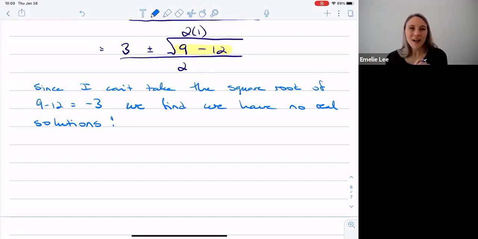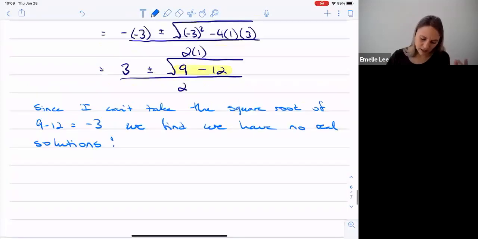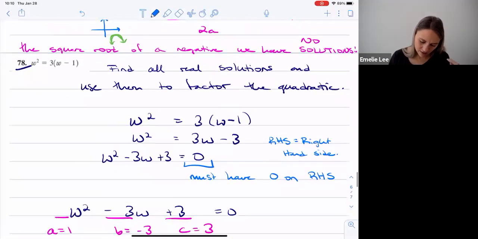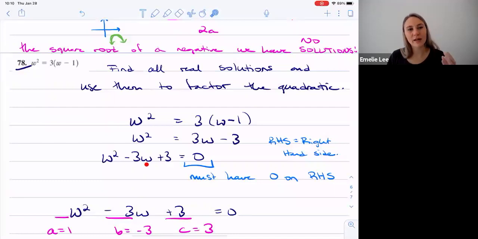Okay. Let's graph this just to make sure that we're on the right track here. Let's graph w squared minus 3w plus 3. When I graph this, I'm going to replace the w's with x's just because I don't have a w button on my Desmos graphing calculator, right?